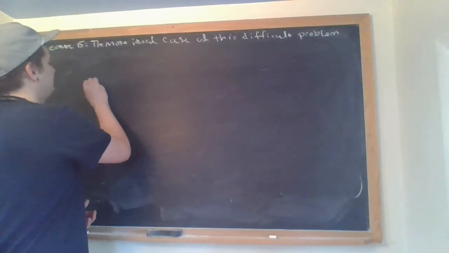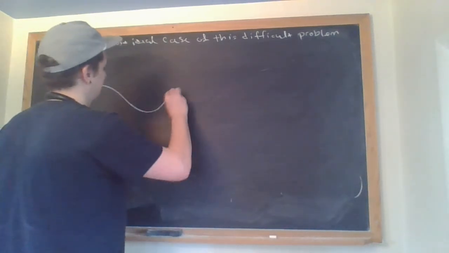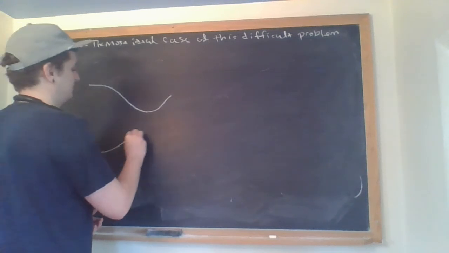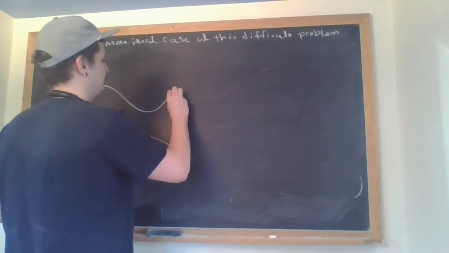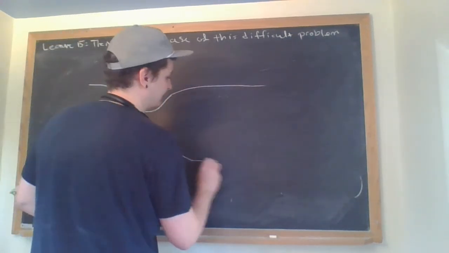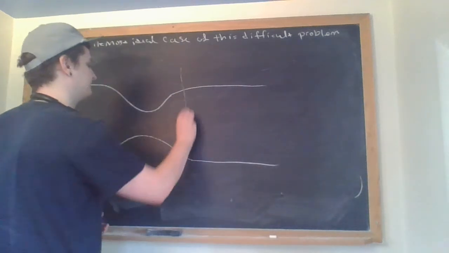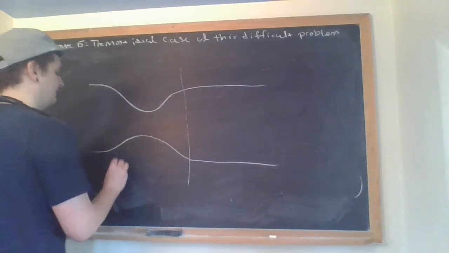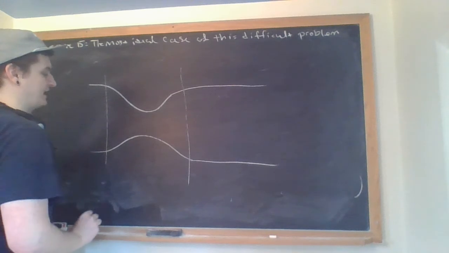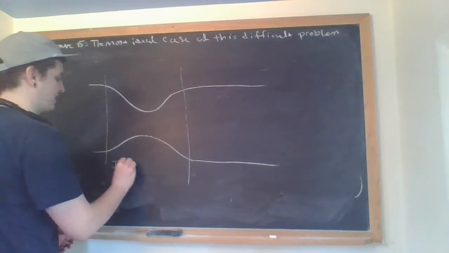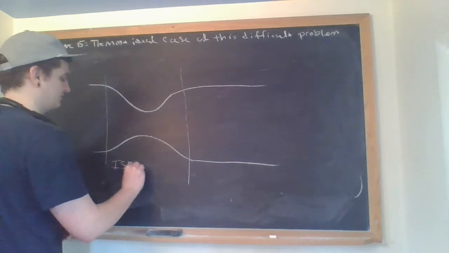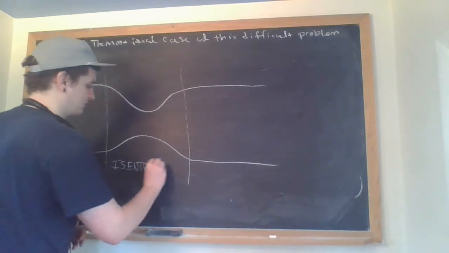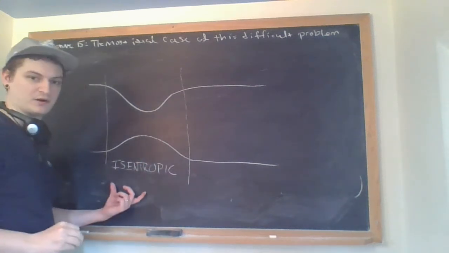Because what we end up doing is something like this. In this section of my analysis, you can model just this part of the flow as the isentropic part.